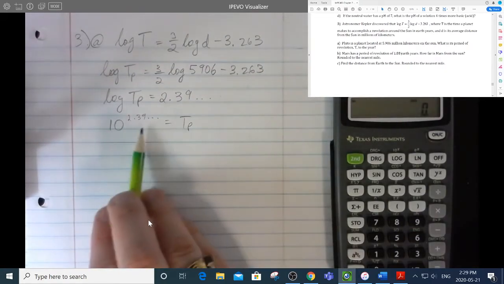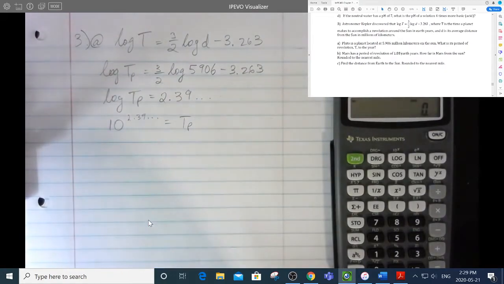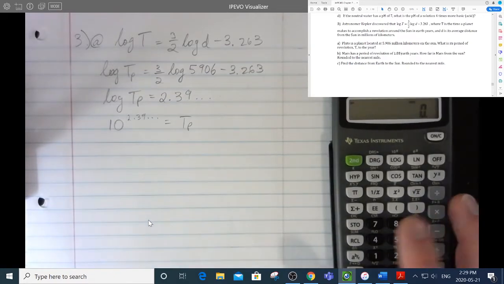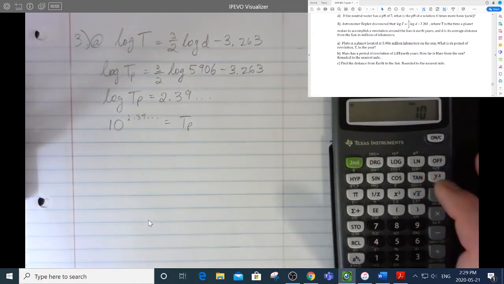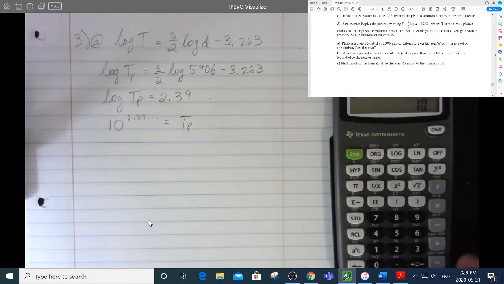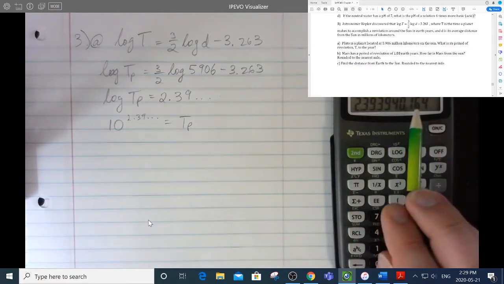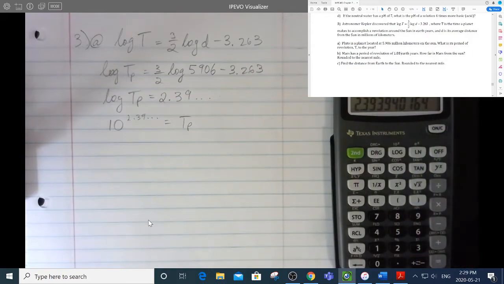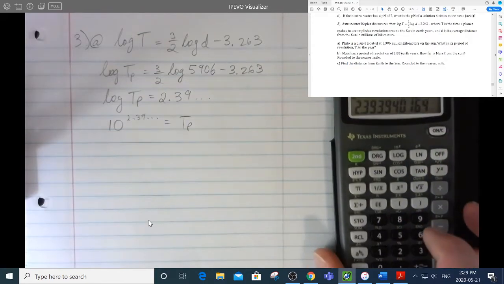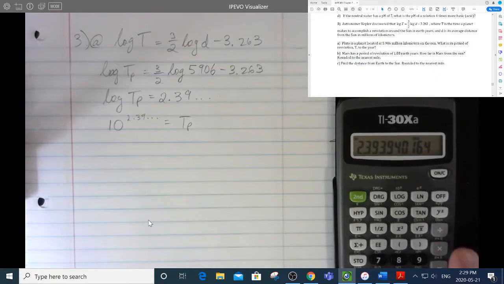And because I saved this number, I don't have to repunch decimals and be off. So I'm going to go 10 to the exponent, and then recall 1, because that's where memory 1 is. And now it saved all that decimal, and it actually saved a lot of places past this that it's not showing me on the screen. So I get a much more accurate number. So there we go. There's the number.